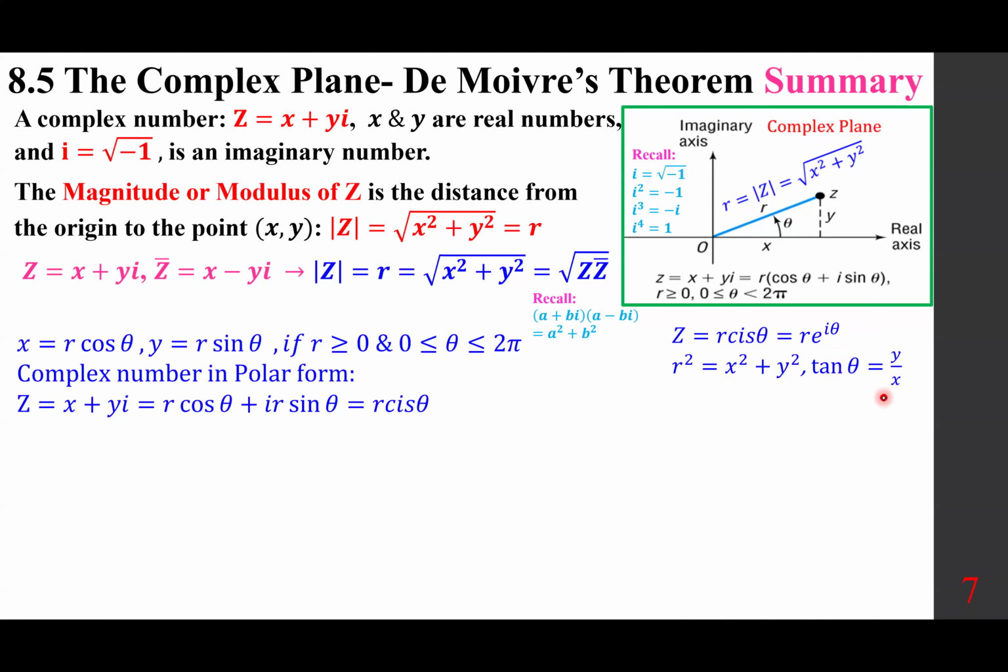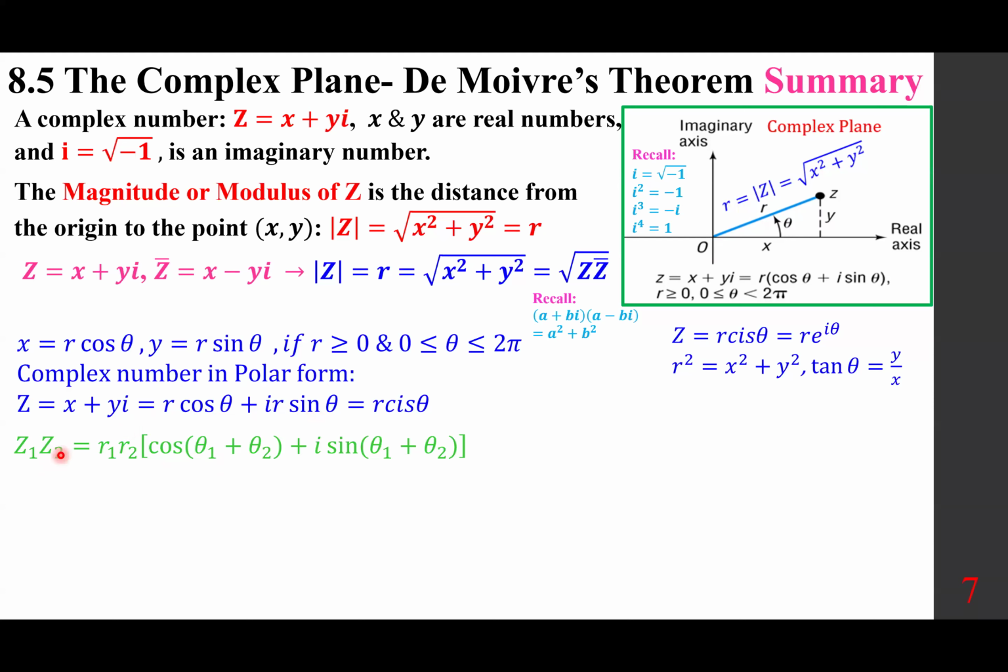All right. What else do we want to add? Here's the summary. We will elaborate on this. The next one is when you want to multiply two complex numbers. You get r1 r2 cosine of theta 1 plus theta 2 plus i sine of theta 1 plus theta 2. Remember, z is r cosine theta plus i r sine theta, right?